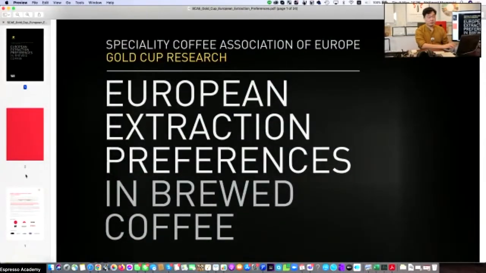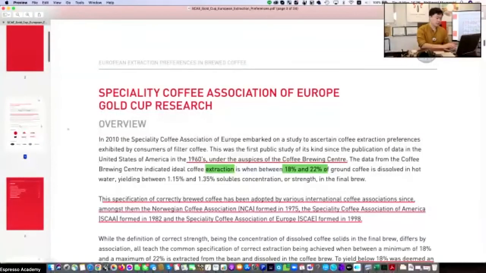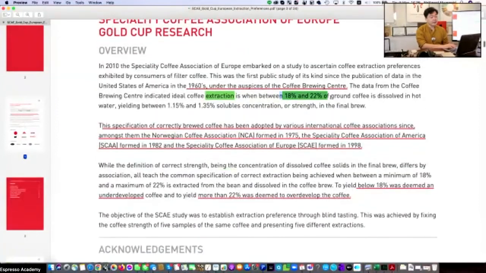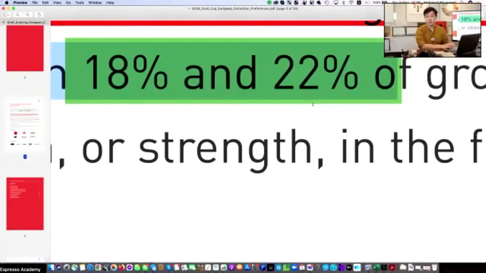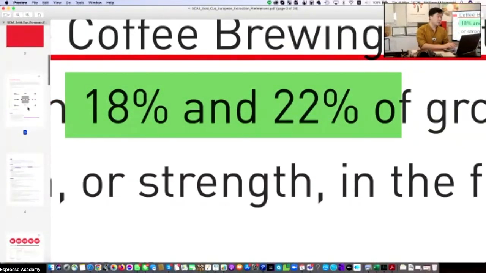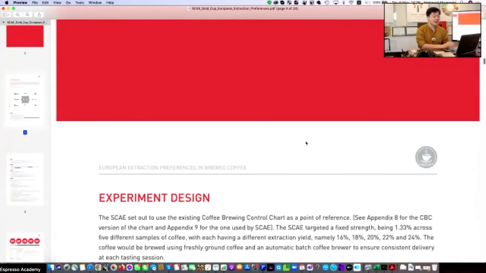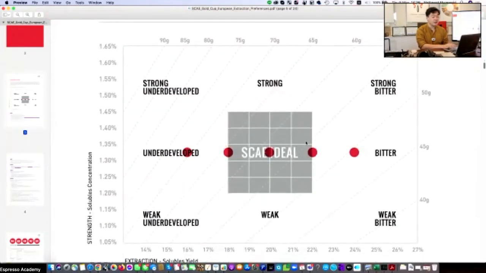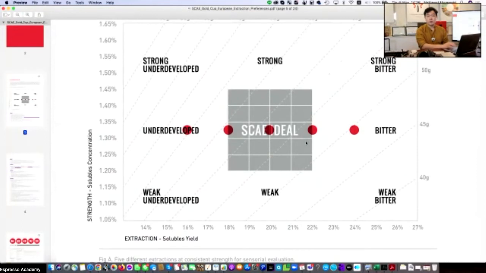It takes about an hour 40 minutes, not that much. On the belief, the hypothesis, whether people are still okay with 18 to 22% extraction or not, they start designing the experiment, which is very important. How you design it and how you collect the data is very fun.